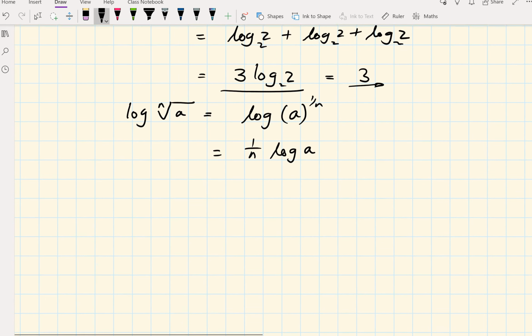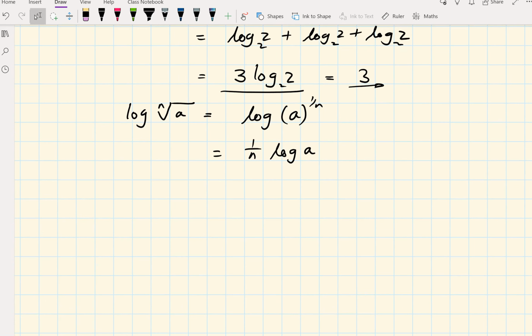And then the fourth one isn't so much a law as a useful adaptation. And that is to change the base of a log. Now, sometimes they will tell you what the base is, other times they won't. So if you see something that's written like this, log to the base 2 of 5, that means you're working with the base 2.